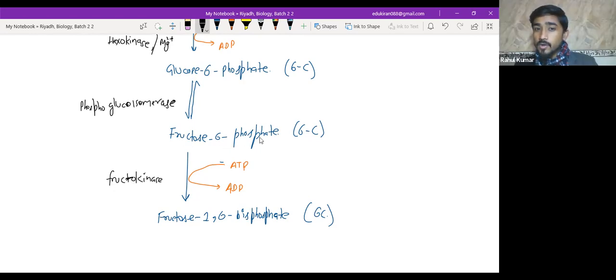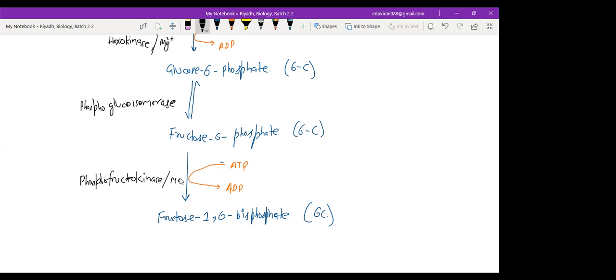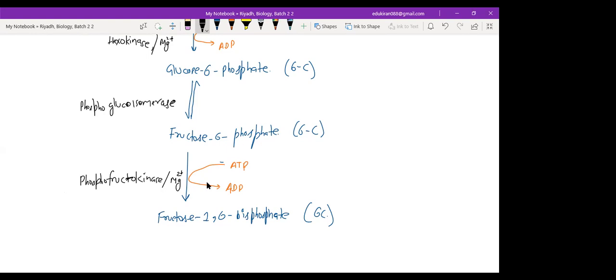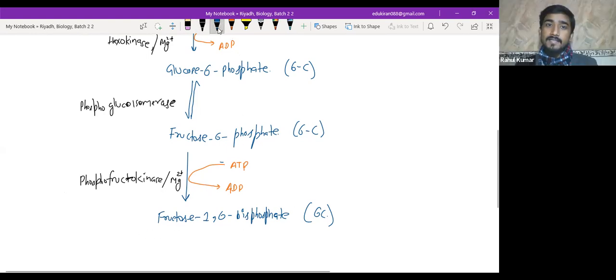And the fructose is already with a phosphate, so it will be phosphofructokinase. Clear, everyone? Yes, sir. And kinases need a cofactor which is Mg2+. Nothing to mug up, just understand the story. Fructose 6-phosphate becomes fructose 1,6 bisphosphate now. Clear? The second step where we committed energy. Till now, still it's a 6-carbon molecule.